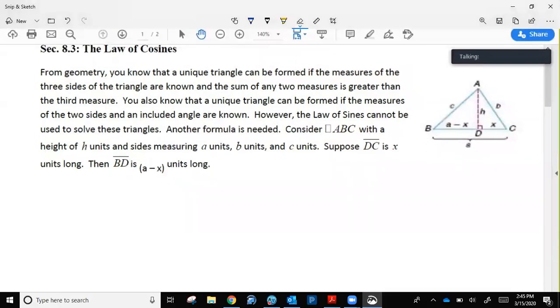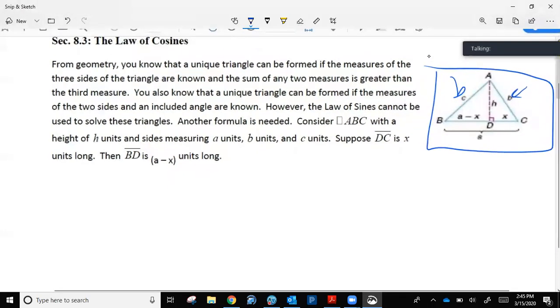But long story short, the law of cosines is utilized for non-right triangles, and they would basically take a non-right triangle off to the side here, and split it into two smaller right triangles, and utilize the Pythagorean theorem and the CAH from SOHCAHTOA to create a formula used for all triangles that are non-right. Instead of that, I want to rehash what we've looked at thus far.